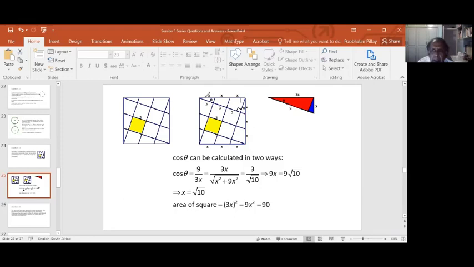If you look at this triangle here, the sides are 3x, x, and you've got a 90 degrees in between, right? Now, one of the angles of this triangle is this angle here, which we are calling theta. Now watch, if you look at this triangle that I'm drawing, that's also got x, 3x, and 90 degrees in between. So these triangles are congruent.